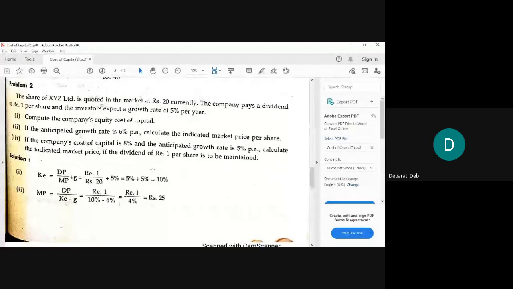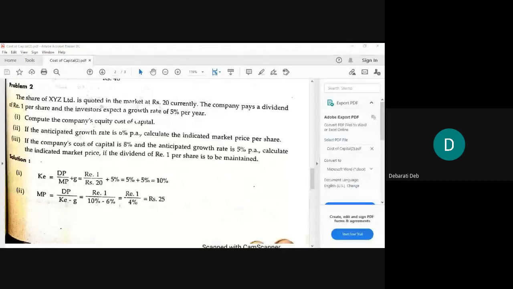That will be equals to, in place of dP you will write rupees 1 and in place of MP you will write rupees 20. These are directly given. And in place of G, you will write 0.05. Instead of 5%, you will write 0.05. Then you will not make mistakes.